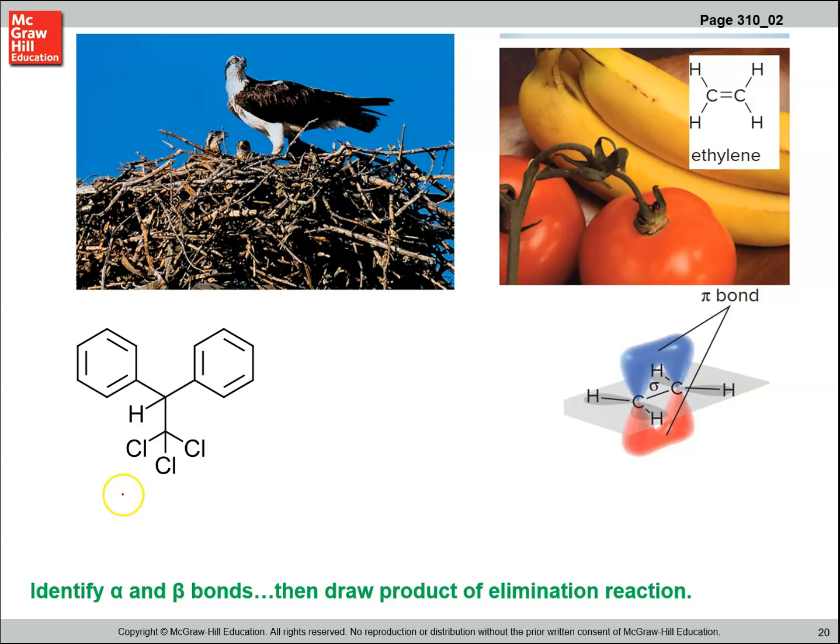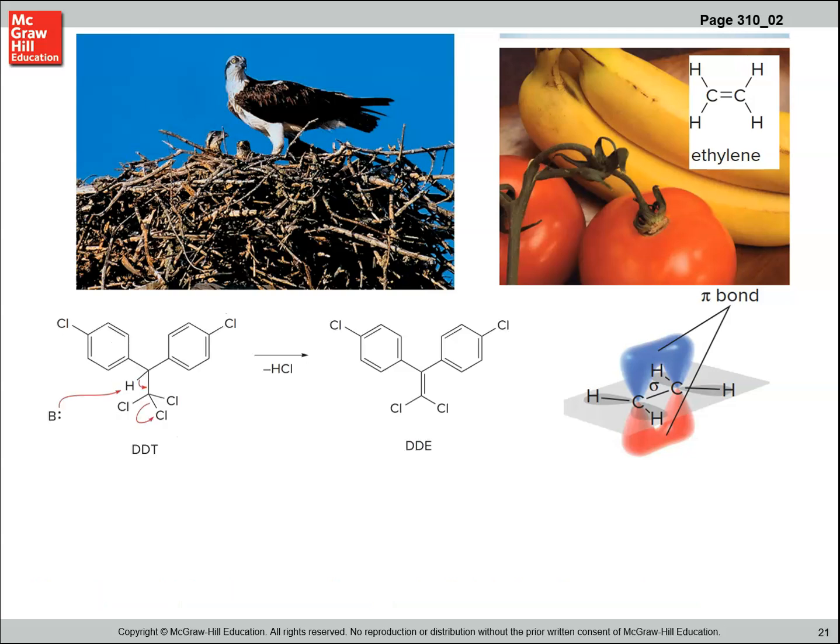We're also going to look at an elimination reaction with them. The first step for the degradation of this pesticide is shown here. We have a base that is going to pull this proton off.